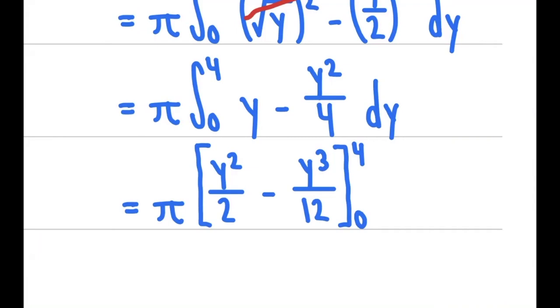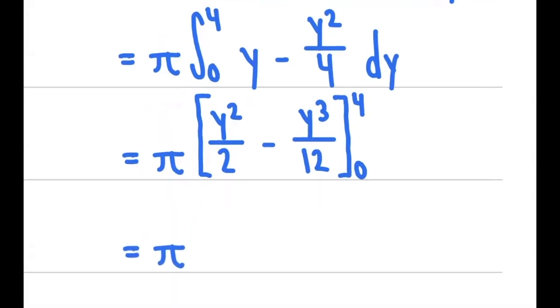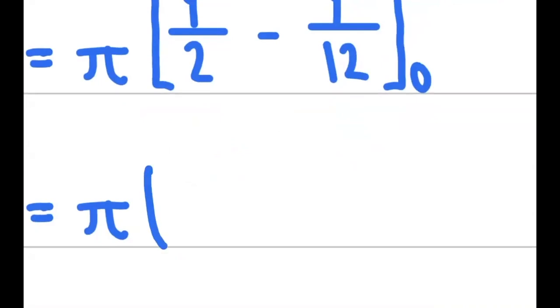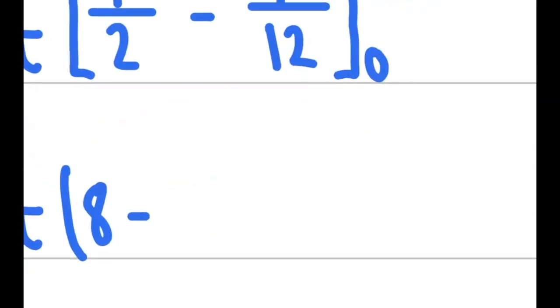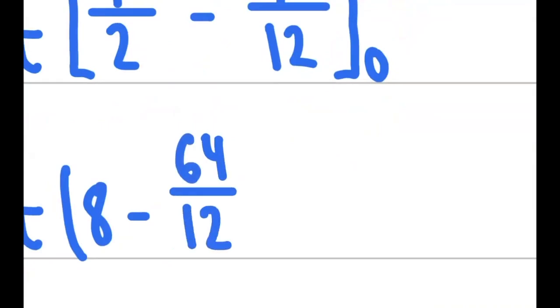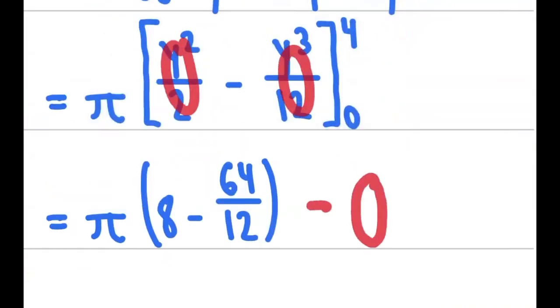Just solve the integral, 0 to 4. Okay, so I'm going to plug in 4, and I'm going to plug in 0, and I'm going to subtract. If I plug in 4, this becomes 16 over 2, which is 8. Over here, 4 cubed is 64, so that's 64 over 12. And when I plug in 0, this whole thing becomes 0, so it's minus 0.